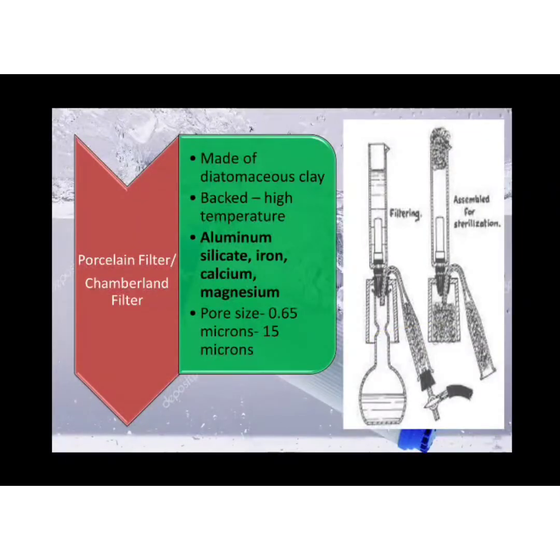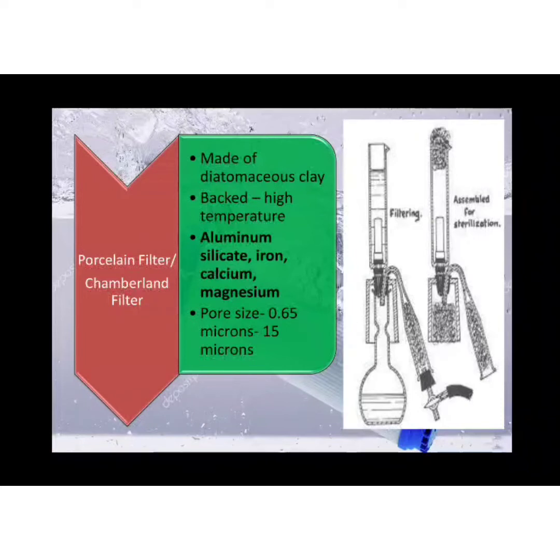Moving on to the next one, that's the porcelain or Chamberland filter. Now porcelain is basically made up of a mixture of components, that is aluminium silicate, iron, calcium, magnesium and diatomaceous clay. All these components are mixed together and subjected to a very high temperature around 800 degrees centigrade, and when you do this, these components get melted and then you have to cool them.